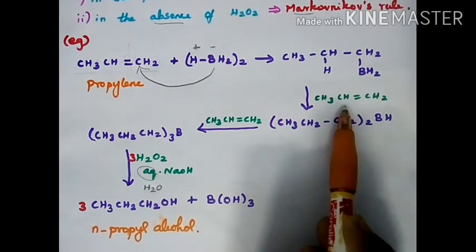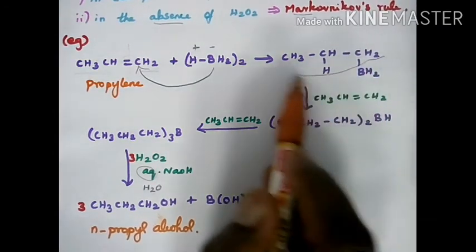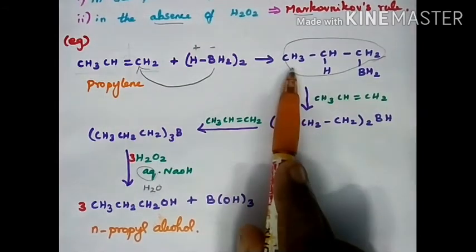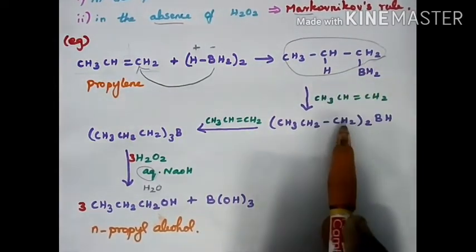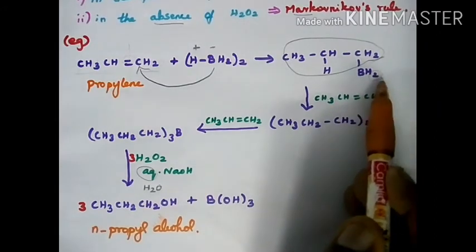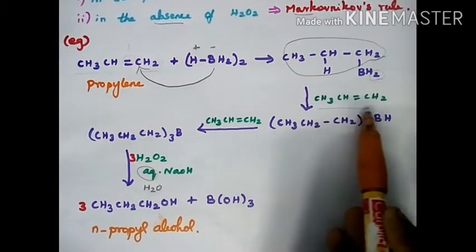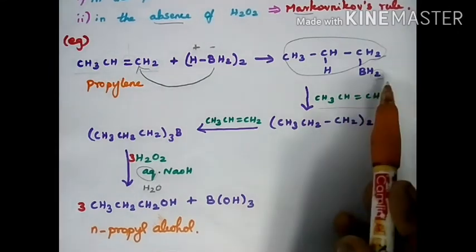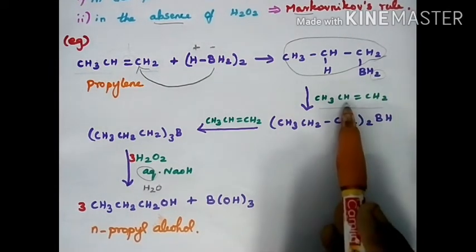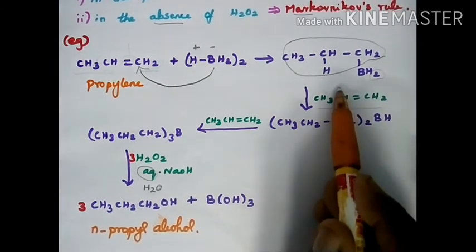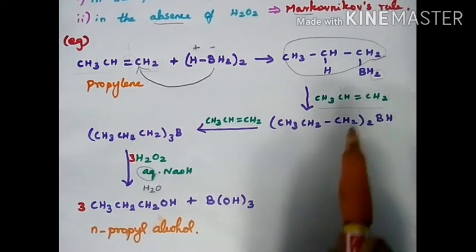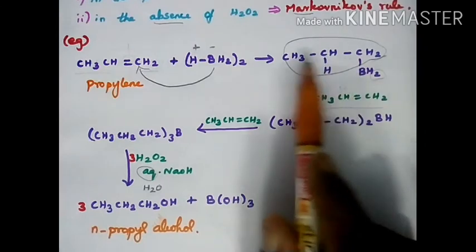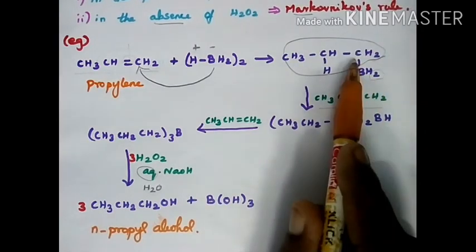Another alkene. Consider this, which can be written as CH3, CH2, CH2. Removing one hydrogen, add this. Here one hydrogen and here the alkyl group. Already one CH3, CH2, CH2 group is there.